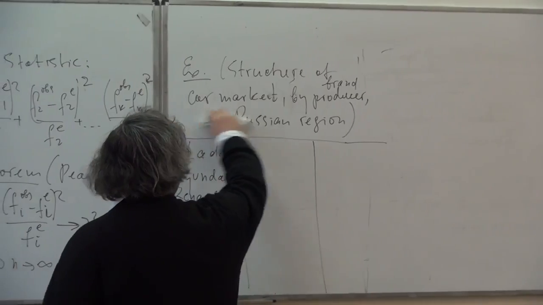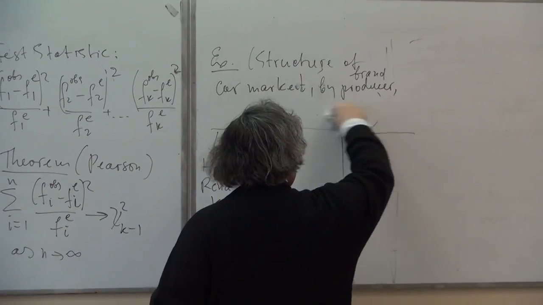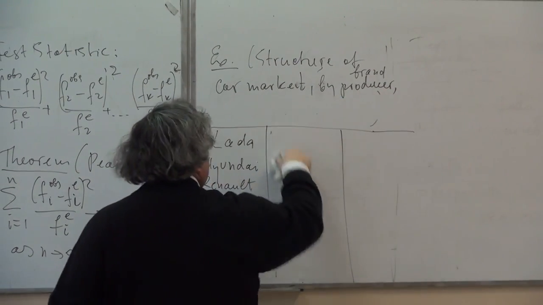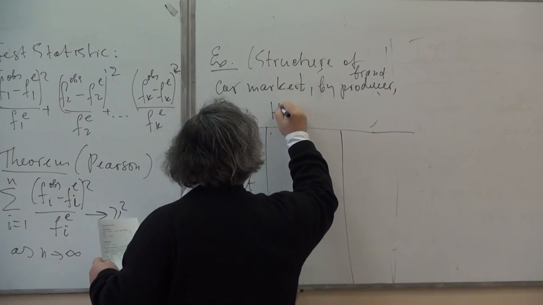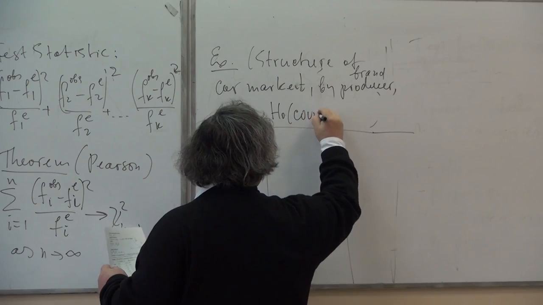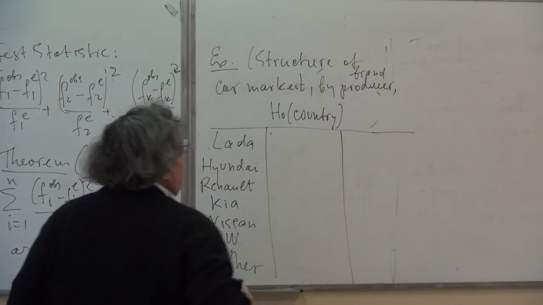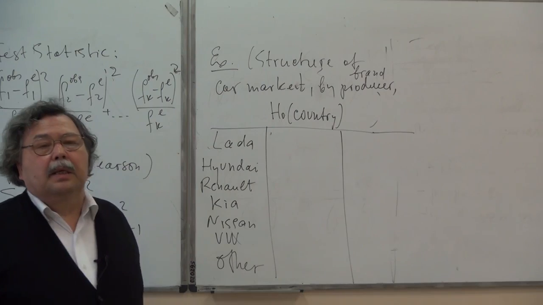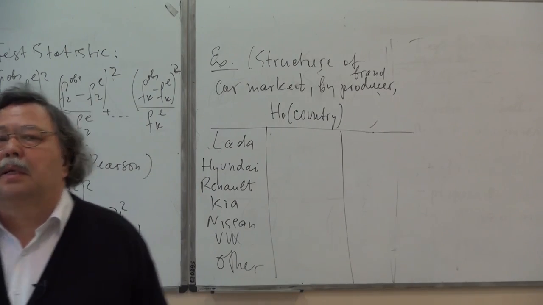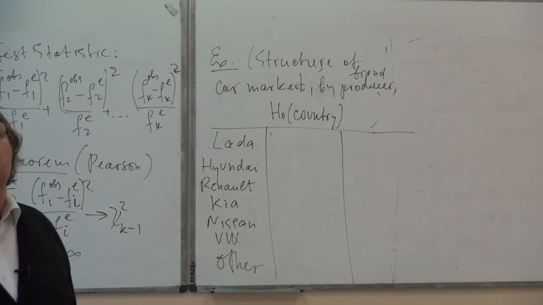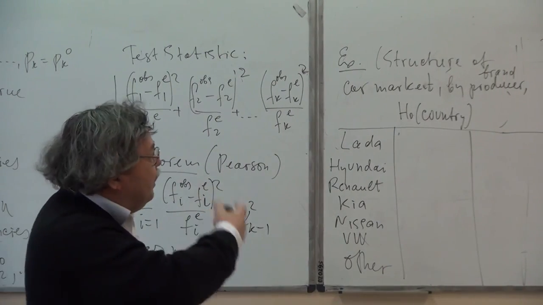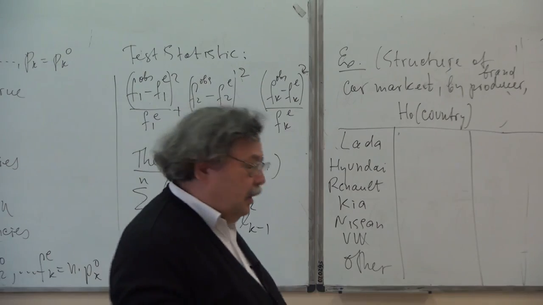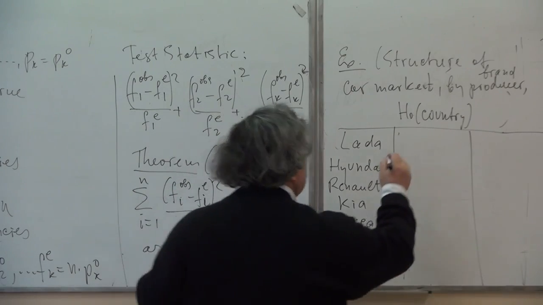Not a good arrangement. So I'm erasing this to be able to add another row on top. So H0, what is H0 here? It's about a certain hypothesized multinomial proportion. Suppose for the country as a whole, the proportions are known, and they are as follows.